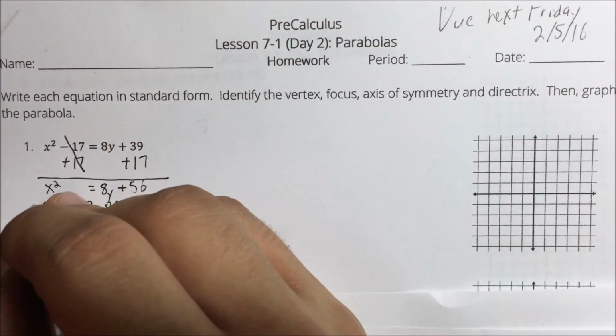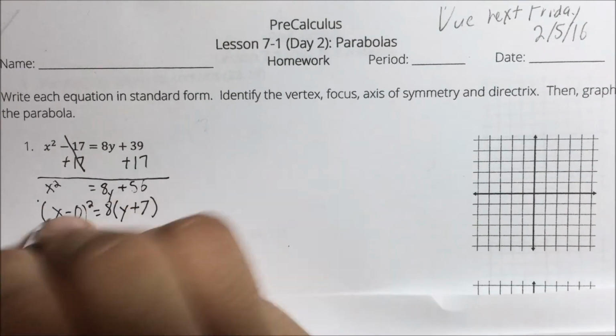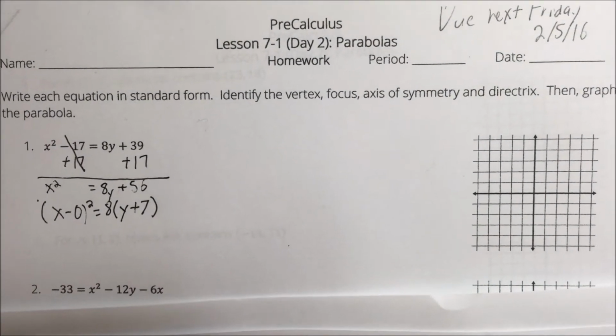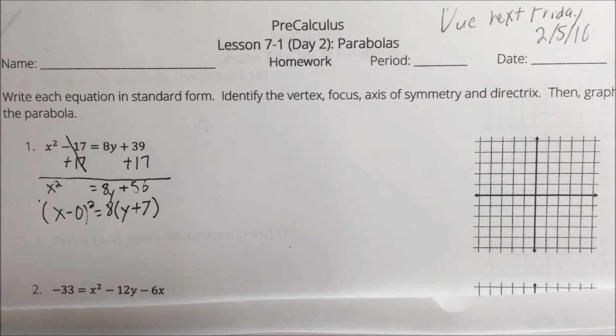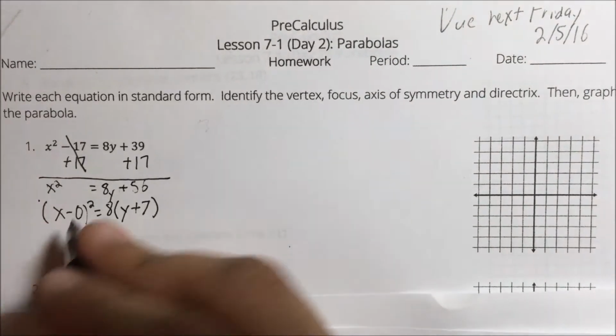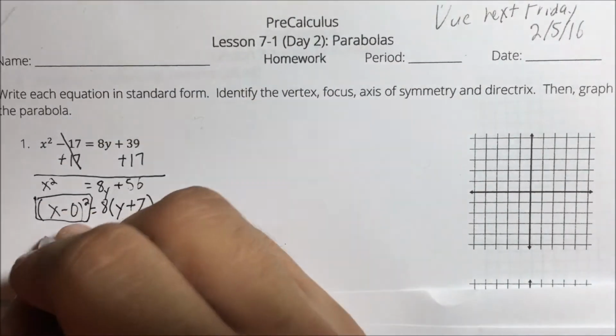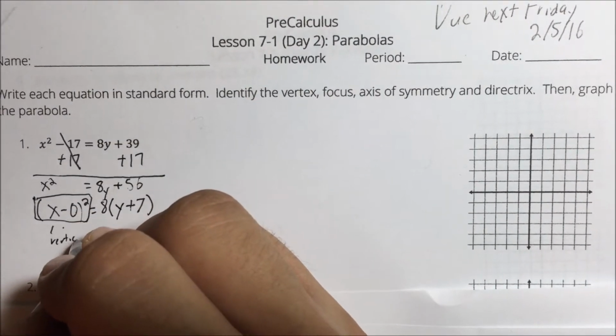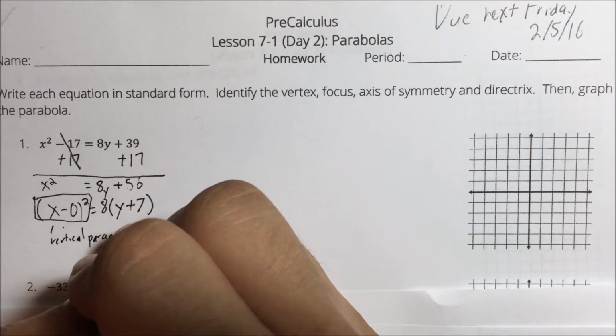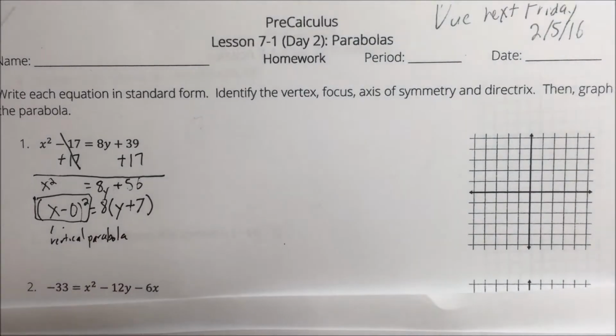So what we do is, first we have to say, okay, is this a vertical or horizontal parabola? Well, we know that it's vertical because the x is squared here. So this tells us that we are dealing with a vertical parabola.